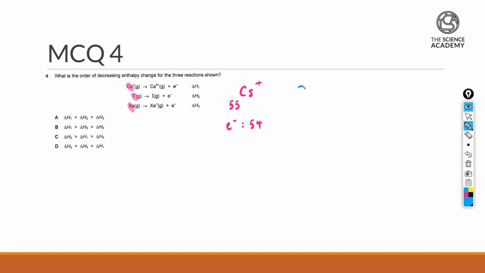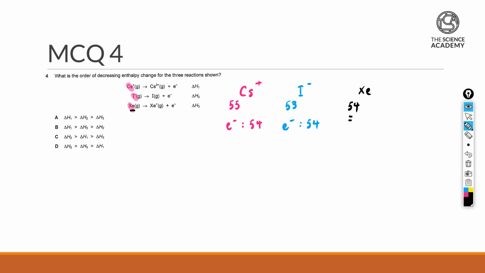Writing that for I-, which started off with a total of 53 electrons, after gaining a single electron, we would now have a total of 54 electrons. And for xenon, that started out with 54 electrons, and this is its original case because it has yet to lose or gain any electrons as an atomic xenon.